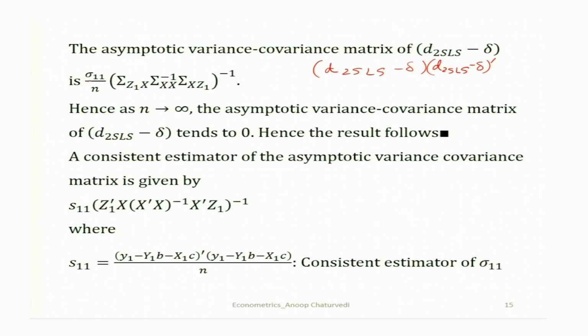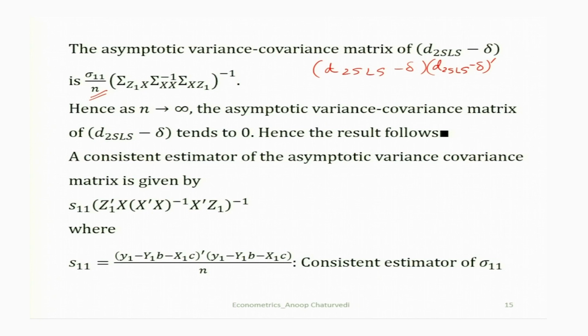So finally, you obtain sigma_11 over n times (sigma_{Z1 X} sigma_{XX} inverse sigma_{X Z1}) whole inverse. So if you take the limit n tending to infinity, this asymptotic variance covariance matrix tends to 0 because of this term.